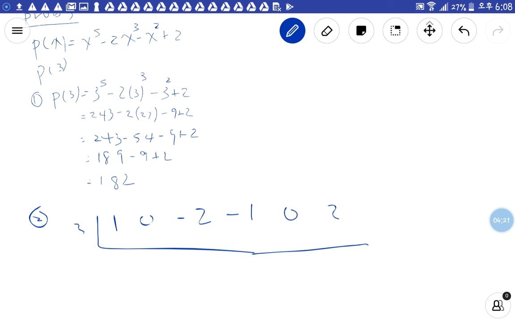And then my x is 3, so now bring down 1, multiply by 3, add them up. 3, 3, 9, 7, 21, 20, and then 0, which is 60. 60 times 3, 180, 182. So I can get my remainder as 182.